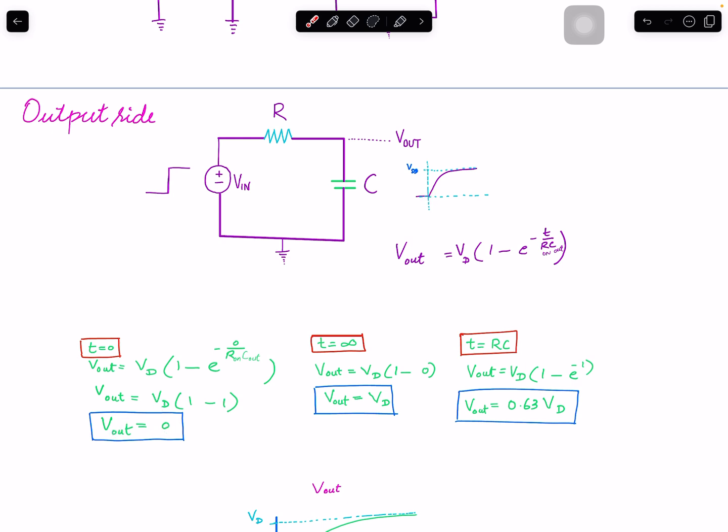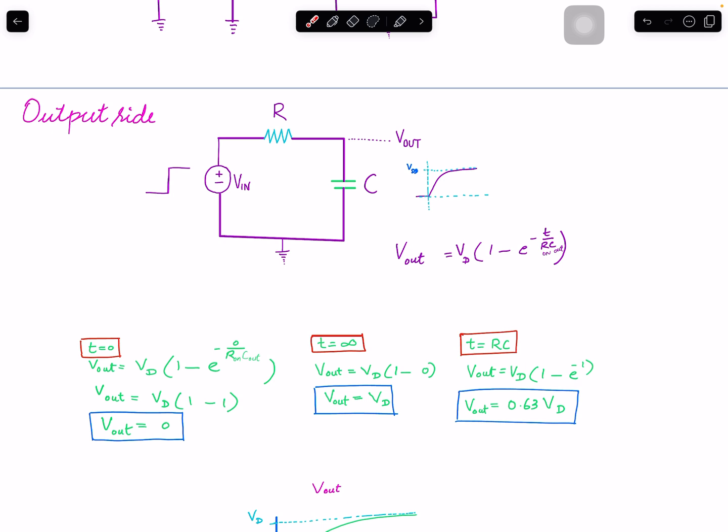Then for a very long time, at infinity, V out becomes Vd, like VDD, it will reach there. And if time equals the multiplication of R and C, at that time the output will reach 63% of VDD, somewhere here.